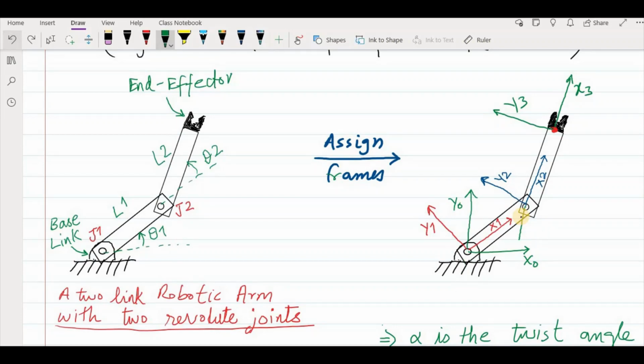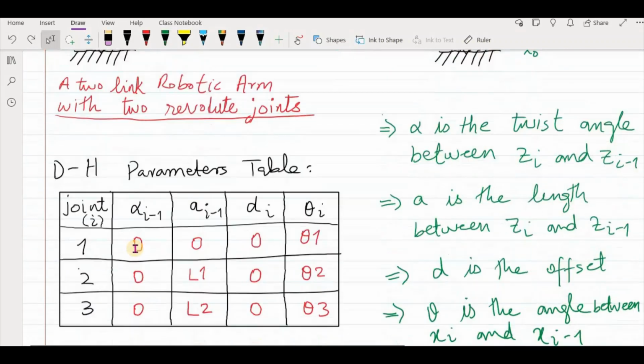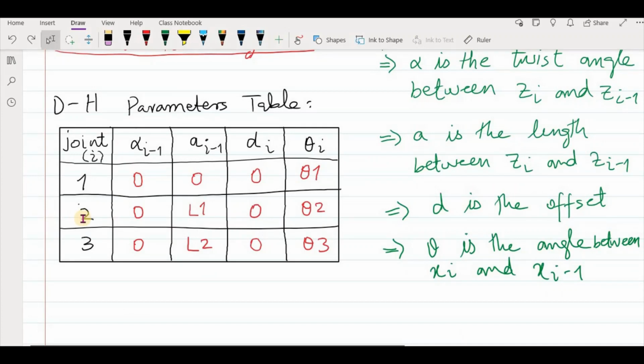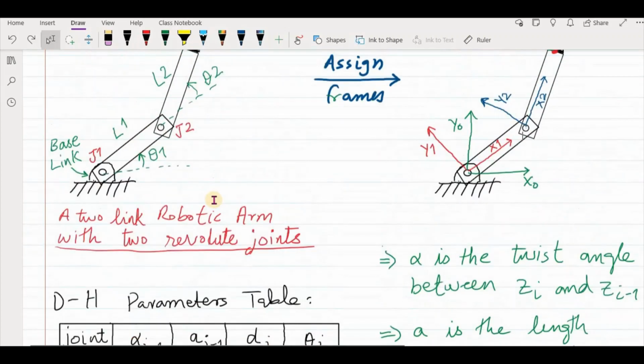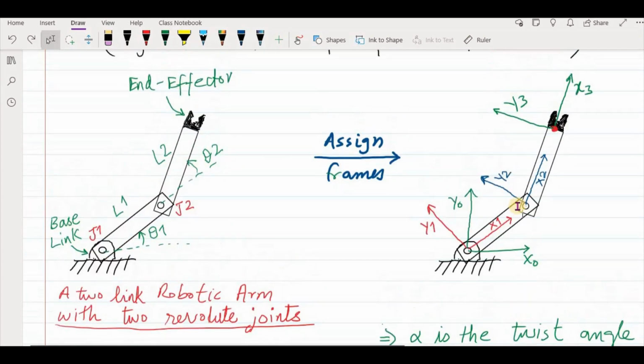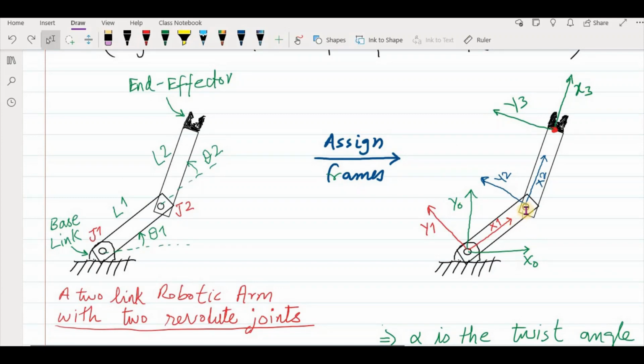So that's what we put in our DH table for frame 2, or the frame for joint 2. We put alpha 0. And now the link length. Link length will be the distance between the z-axis of your present frame, zi, and the z-axis of your previous frame, zi minus 1.